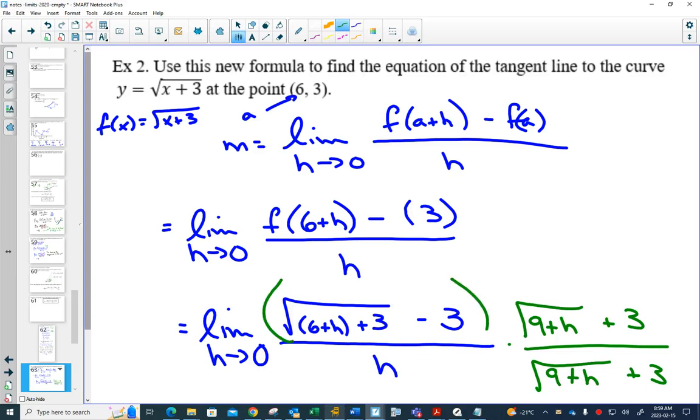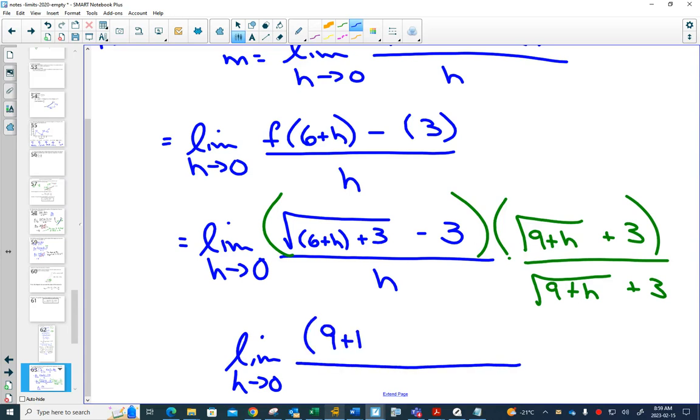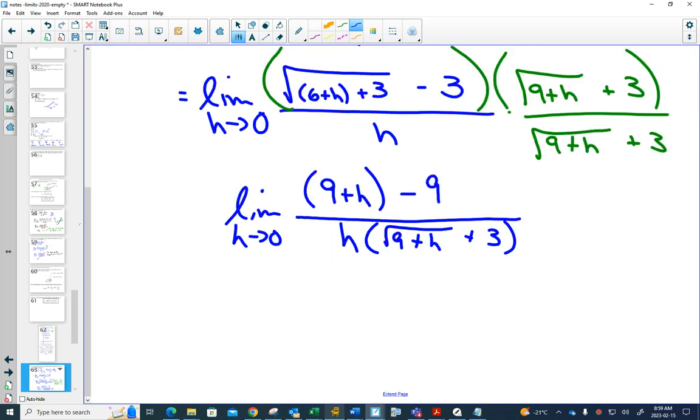Because I want to multiply this by something that makes a difference of squares, so my square root goes away. If I do that, on the top would become 9 plus h minus 9 over h, and on the bottom, I will leave it factored out because I want that h to cancel out.